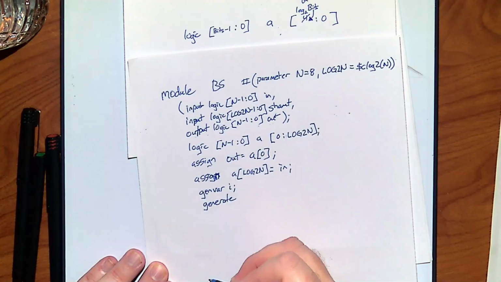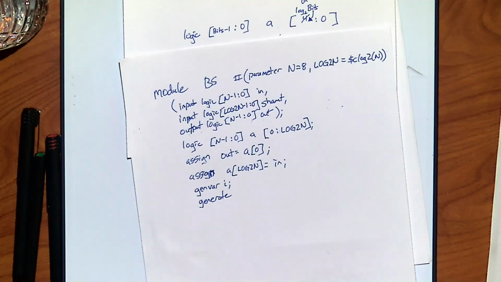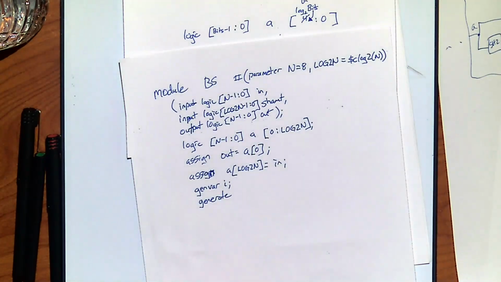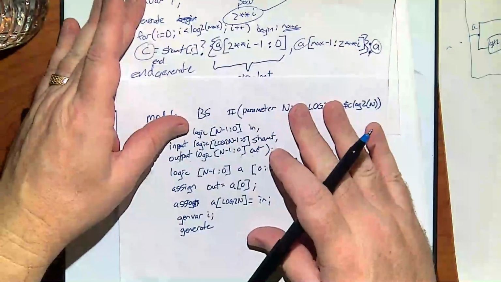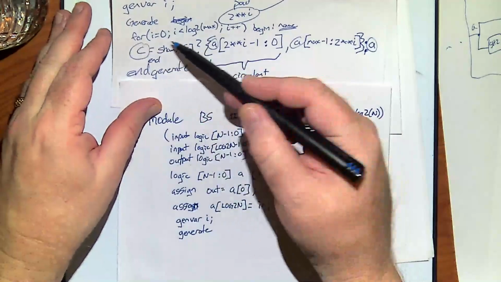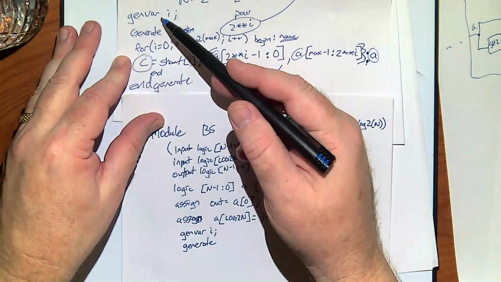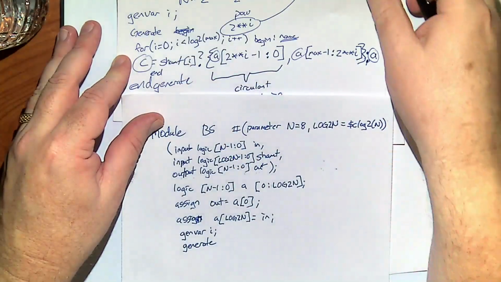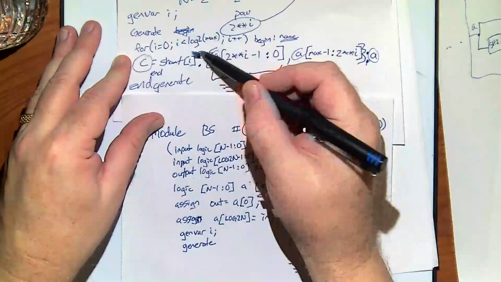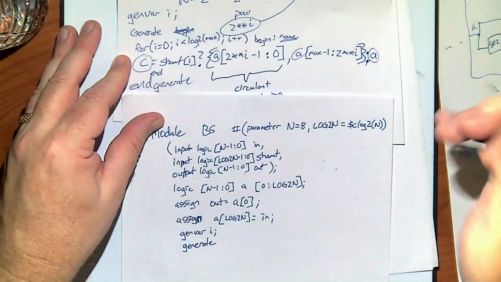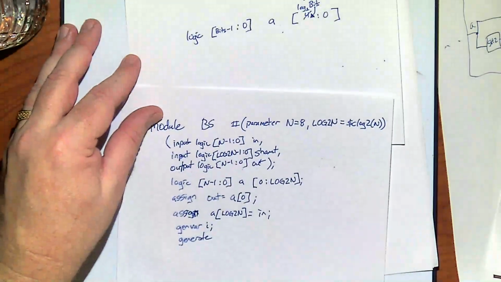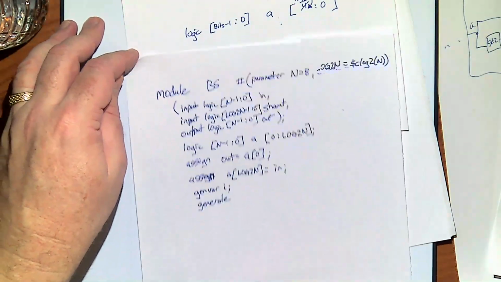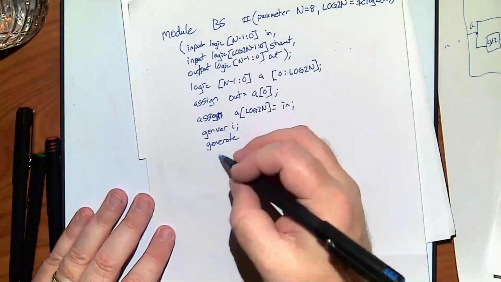Now inside here, I just build my for loop. And we already actually talked about this last time, but we have to swap in our variable names. So if you remember, we just had this for i, genvar i, generate, for i, all that kind of stuff. But now instead of this log 2 of max, I have log 2 n. So I'm just going to stick this off to the side because it's really hard to hold here, and we'll just write them out, okay?